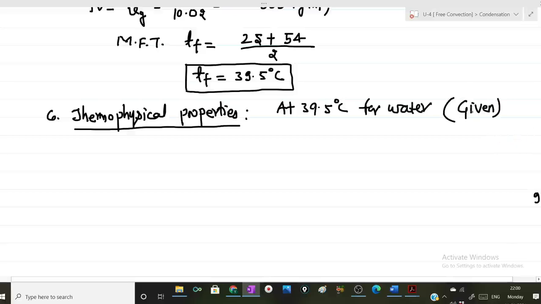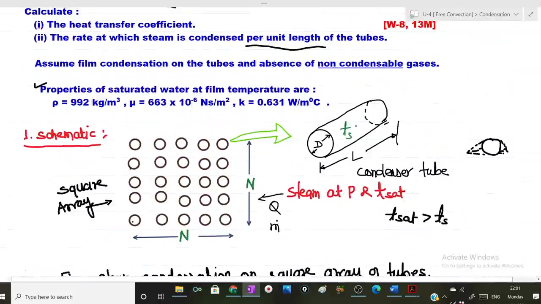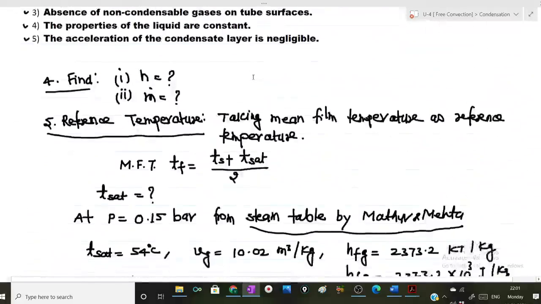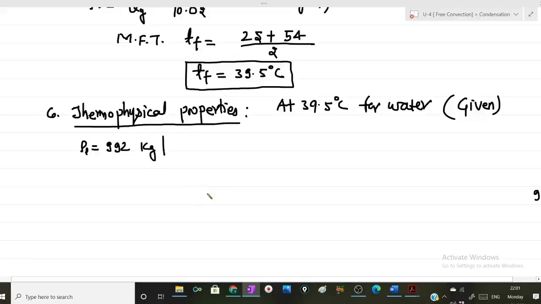In order to differentiate the properties of water, that is condensate, I will represent its properties by suffix L. All these properties are given in the problem itself: rho, mu and K. So density of liquid is given as 992 kg per meter cube.